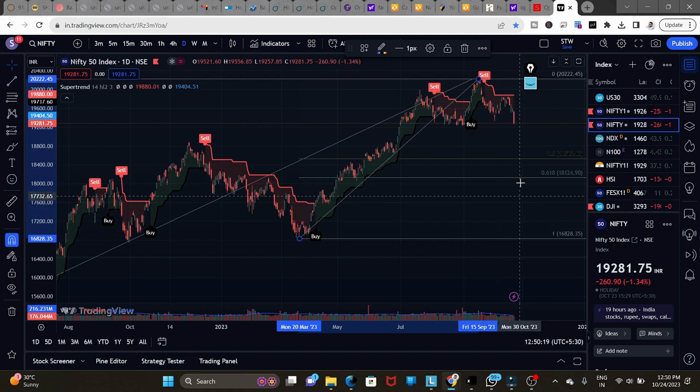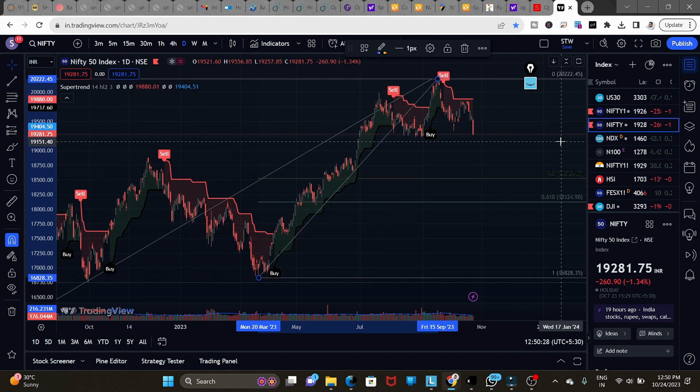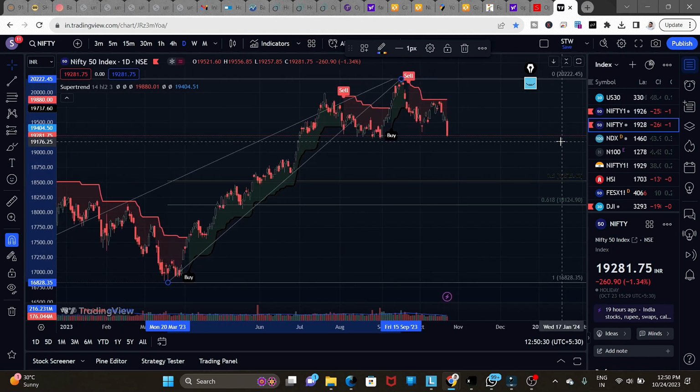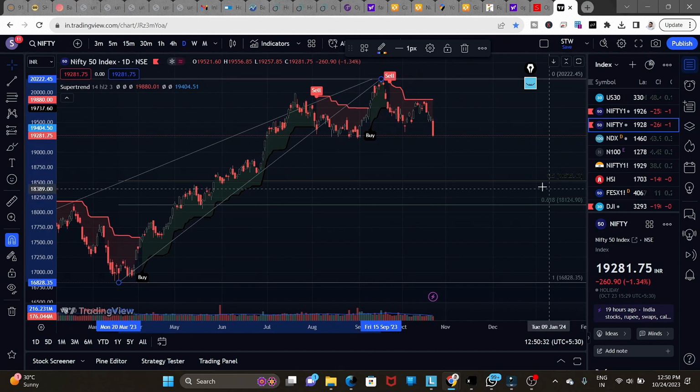Here the golden zone is about 18,525 to 18,124. This is the place where, if the market comes, we are able to make some entry for our portfolio basis the candle exiting this zone. It should not be a candle consolidating here and then breaking down. You have to always find a candle which exits this zone and then take an entry.